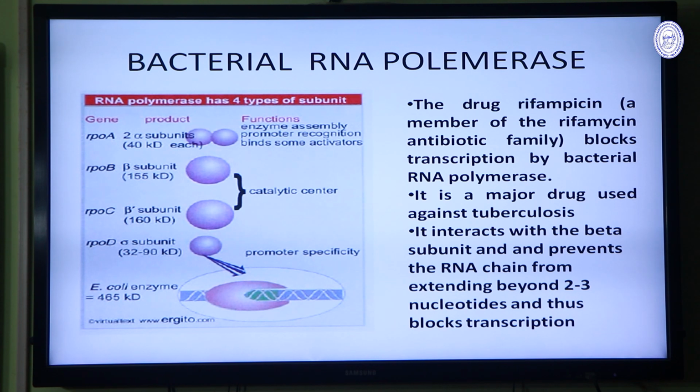Now, suppose there is a bacterium that is very infective to any individual, like Mycobacterium tuberculosis, that causes tuberculosis to us. So, scientists tried to see whether we can design some mechanism, or get some antibiotic, that can target any subunit of the bacterial RNA polymerase specifically.